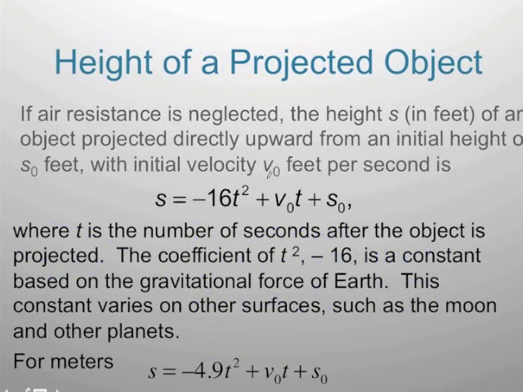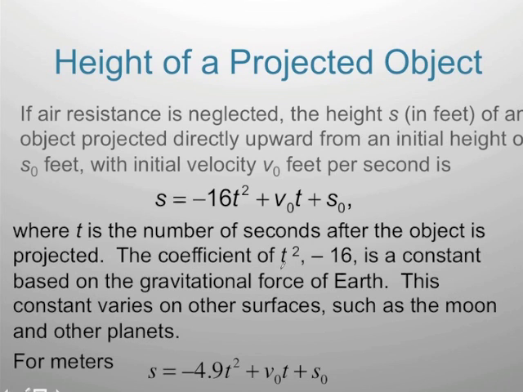Standard form for the height of a projected object. If we ignore air resistance, the height s in feet of an object projected directly upward from an initial height of s sub 0 feet with a velocity of v sub 0 feet per second, the height equals negative 16t squared plus v sub 0 t plus s sub 0, where t is the number of seconds after the object is projected.